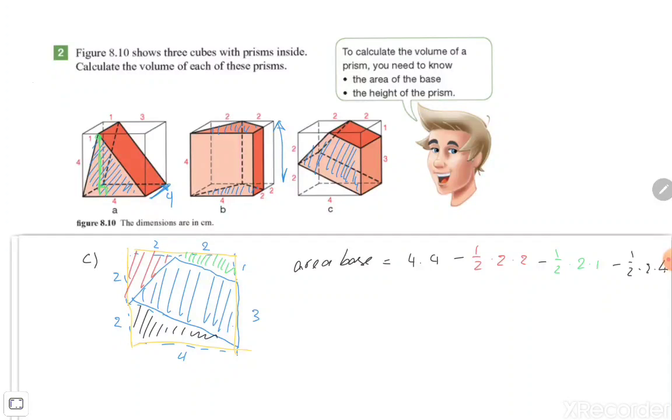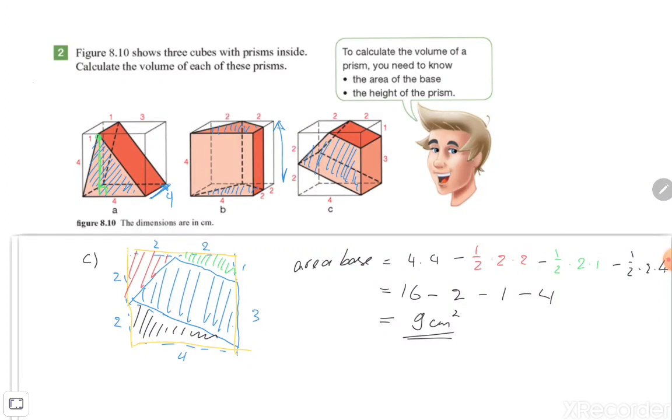So 4 times 4 is 16, a half times 2 times 2 is 2, a half times 2 times 1 is 1, and a half times 2 times 4 is 4. So 16 minus 2 is 14, minus 1 is 13, and minus 4 is 9 square centimeters.